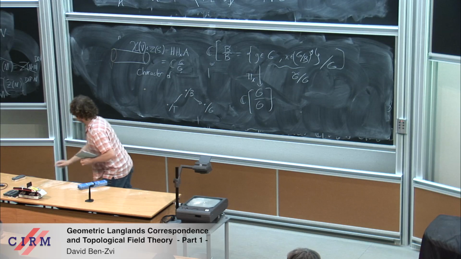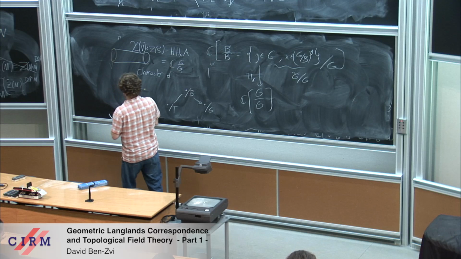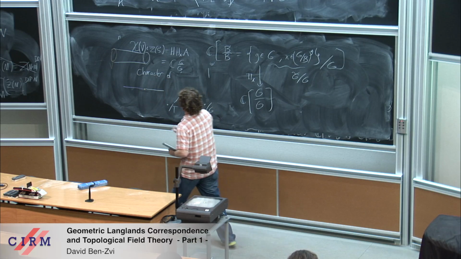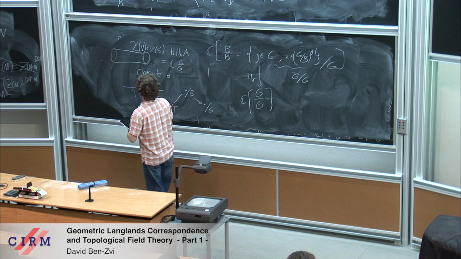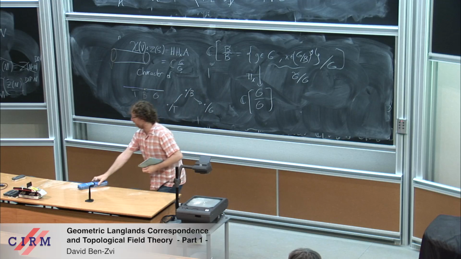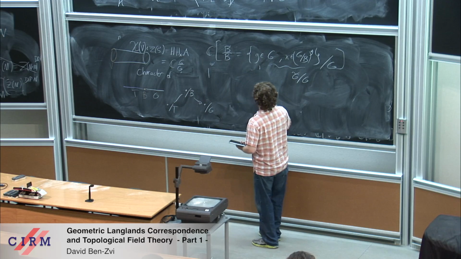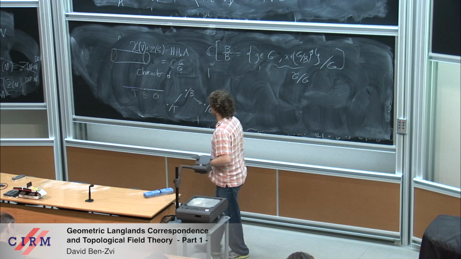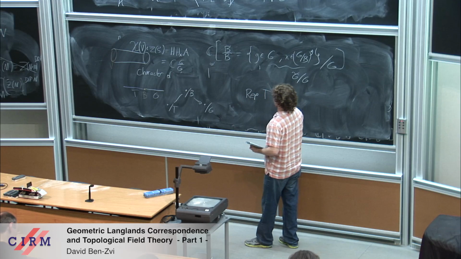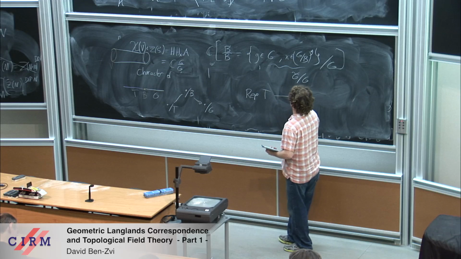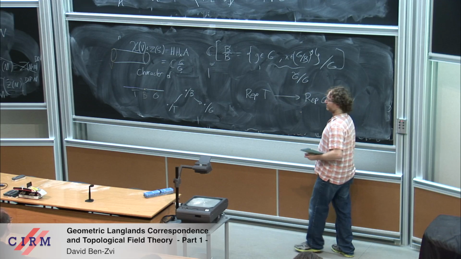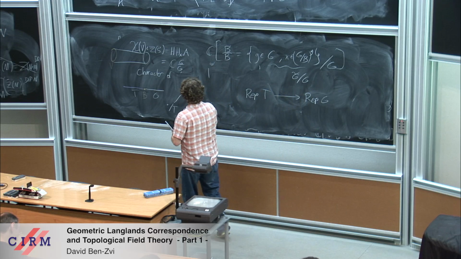Then I can define a domain wall between the theory defined by T and the theory defined by G, and B defines this domain wall. What does that domain wall mean? That domain wall is just the language for parabolic induction. It means there's a functor from rep T, which is what the T field theory attaches to a point, to rep G, which is pull back and push forward. That's what this picture gives.